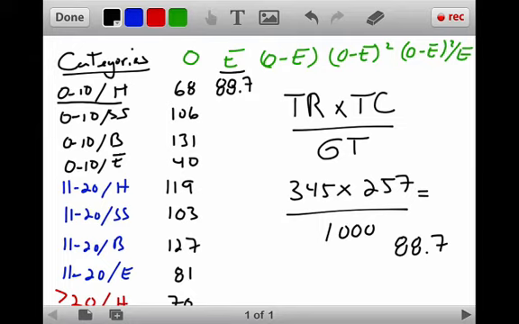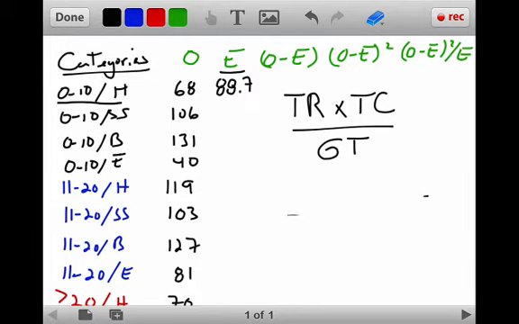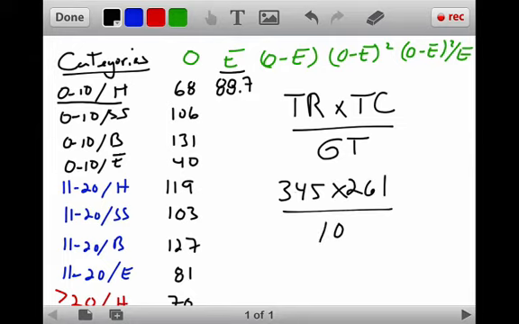For the next one, 0 to 10, social science, this is how I would do it. The value changes a little bit, but the formula does not. Based on the table, we have 345 for the total row times 261 for the total column, divided by the grand total, and it gives us an answer of 90.0.